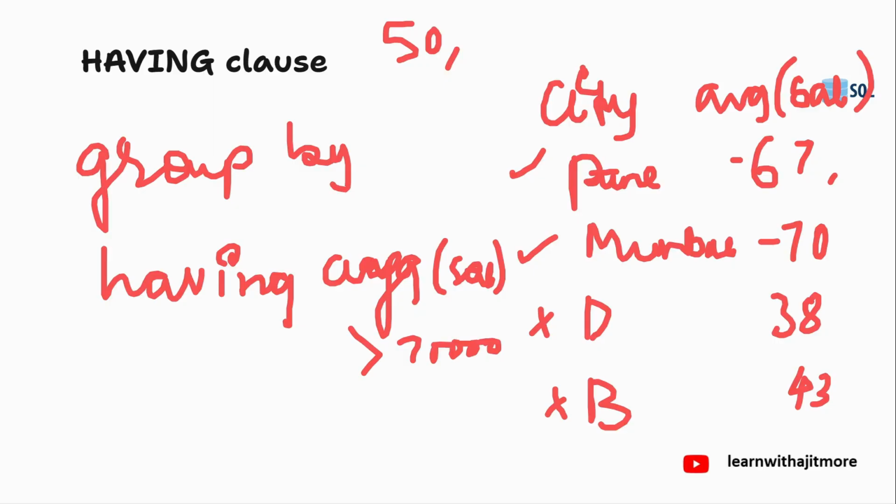So whenever you want to do filtering of individual records in your table, then use the where clause. अगर एक एक रिकॉर्ड पे कोई कंडीशन लगानी है तो वेयर क्लॉज यूज करो. And when you want to apply the condition only on the outcome of group by, जो रिजल्ट आता है उसमें वापस फिल्टरिंग करना है, then you have to use having. बाकी बहुत सारे डेटाबेस मैनेजमेंट सिस्टम ग्रुप बाय के बिना हैविंग यूज ही करने नहीं देंगे.